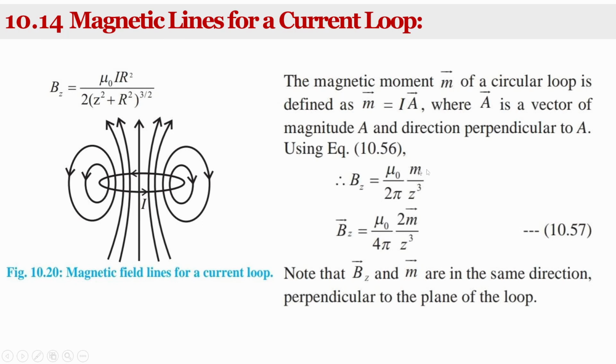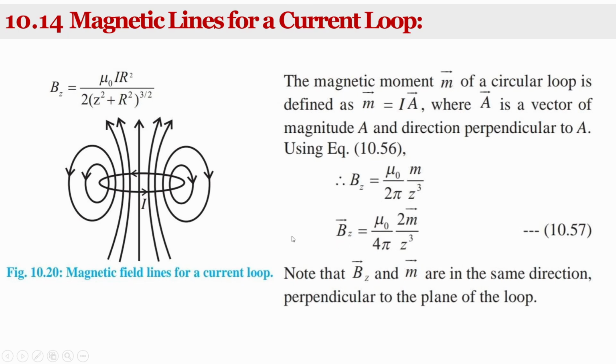We can multiply the numerator by 2 and the denominator by 2, so 2 times 2 pi gets 4 pi. Clear that? So vector Bz equal to mu naught upon 4 pi into 2 vector m upon z cube. That is the formula for magnetic induction.